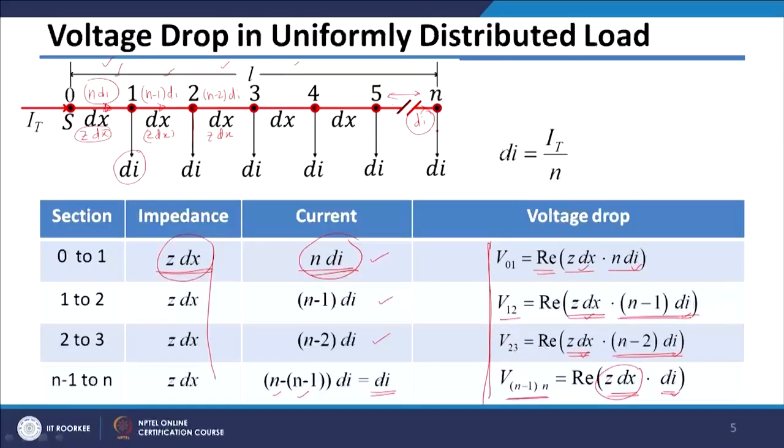So, when we add them, we can take Z dx multiplied by Di common, and there will be a series of addition where N plus N minus 1 plus N minus 2 plus up to 1.